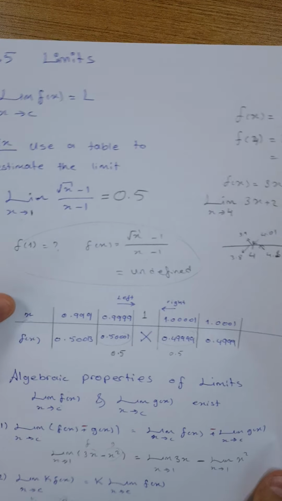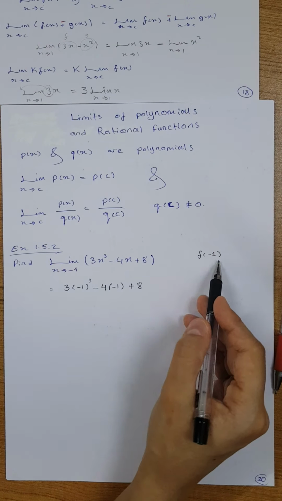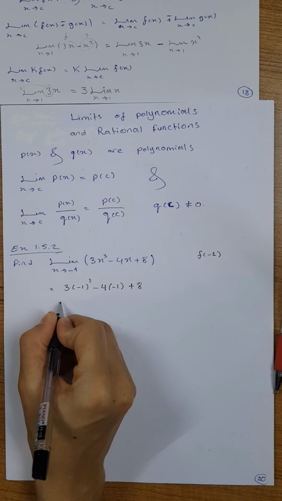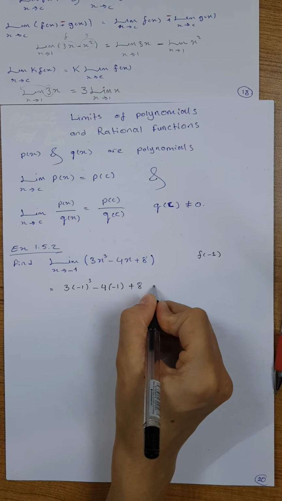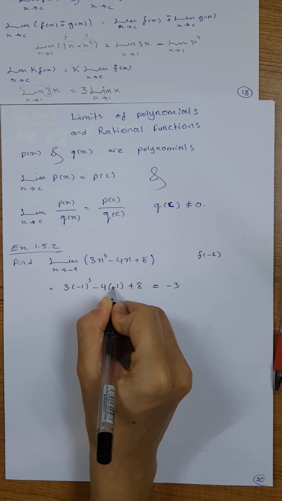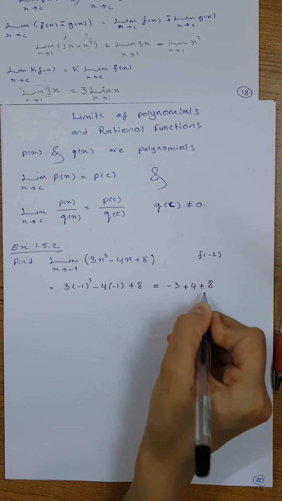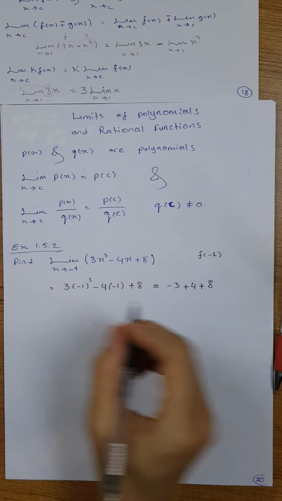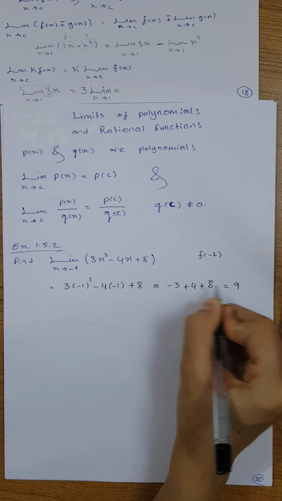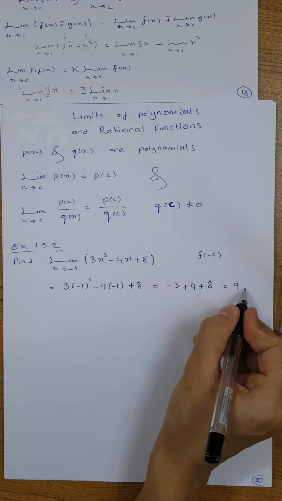Since it is a polynomial, it is behaving the same way as f of -1, so I'm directly inputting that -1 into the function. That result would be -3. This negative goes with that negative, makes it +4, and that result would equal 9, because 12 minus 3 is equal to 9.